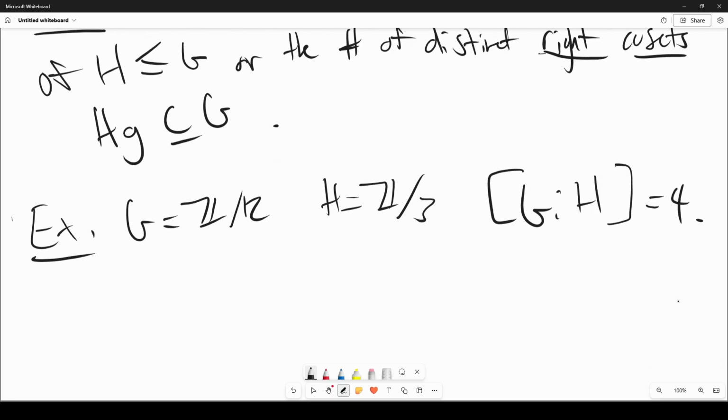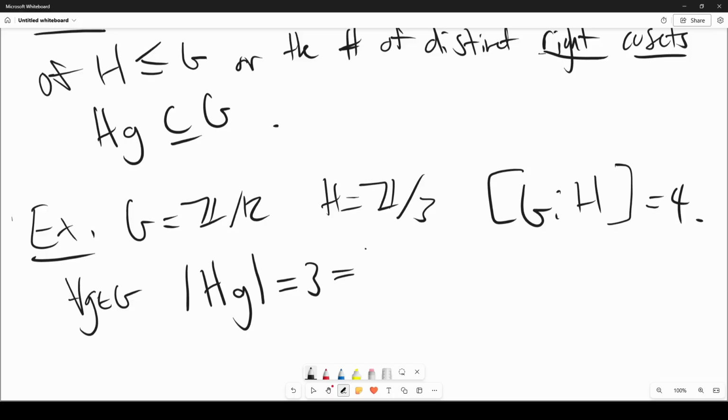Now, something you might notice is that all those cosets had the same size. They had 3 elements, which was also the same size as H. You also might notice that if you sum the size of H 4 times, you get the whole size of the group.